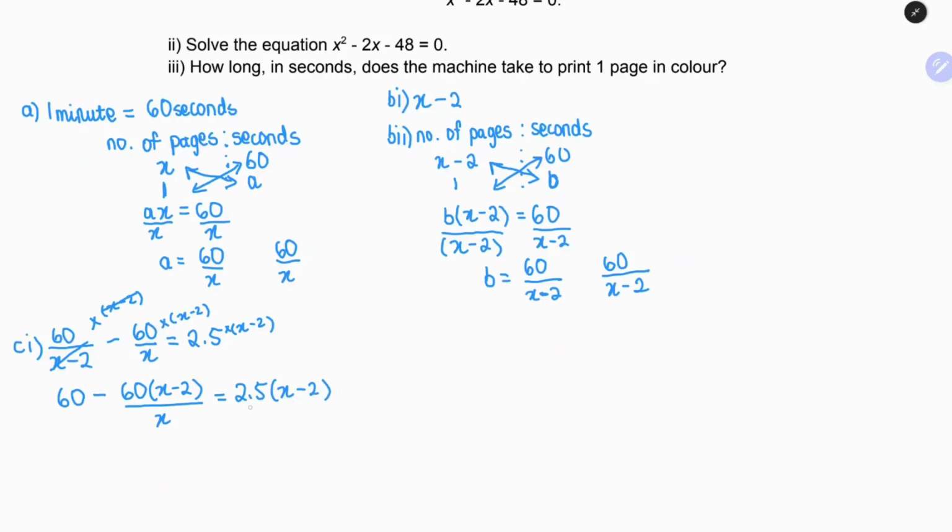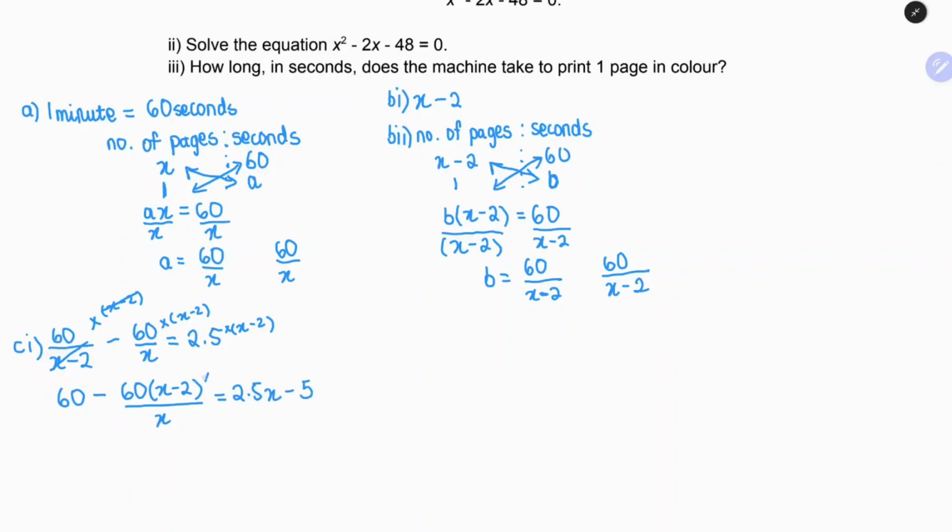So 2.5 times x would be 2.5x. 2.5 times minus 2 is gonna be minus 5. So we'll just write that down instead: 2.5x minus 5.